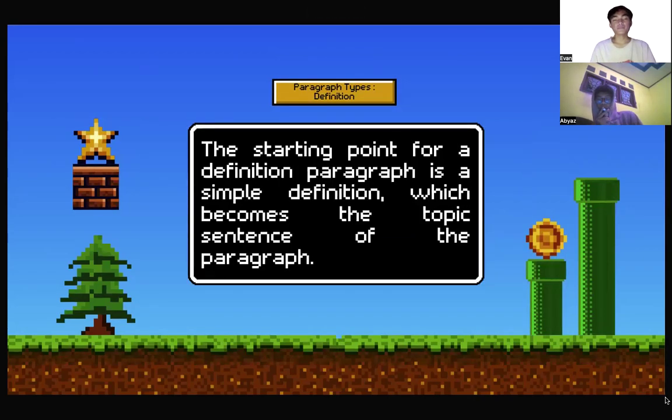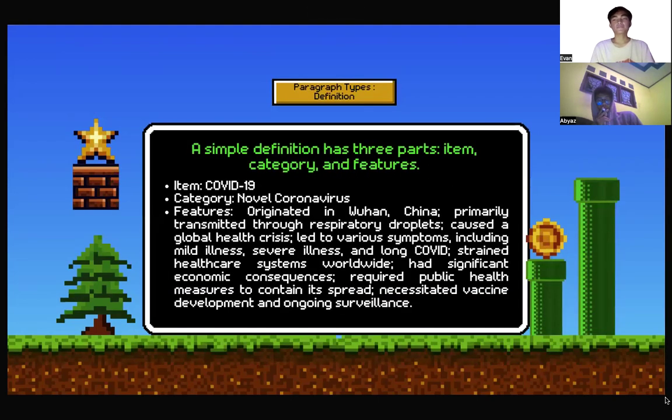Next, the definition paragraph. The starting point for a definition paragraph is a simple definition, which becomes the topic sentence of the paragraph. A simple definition has three parts: item, category, and features.